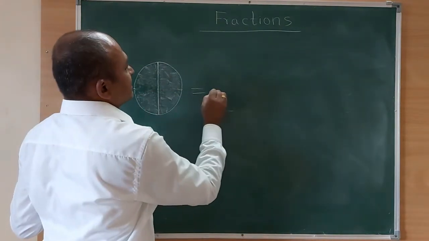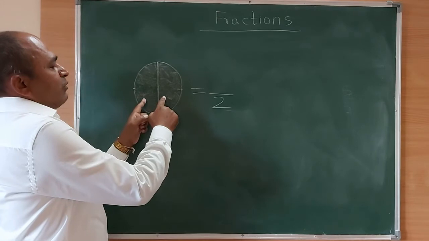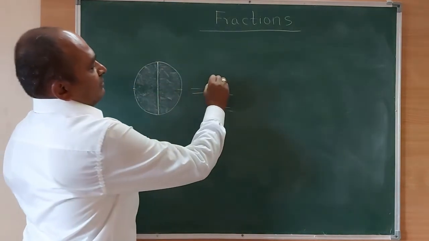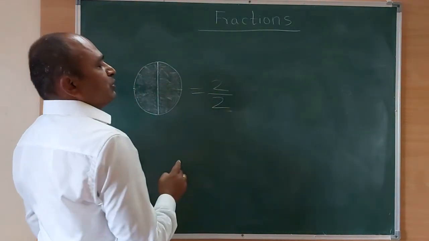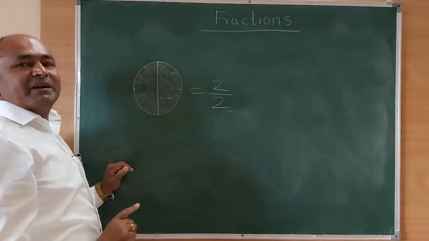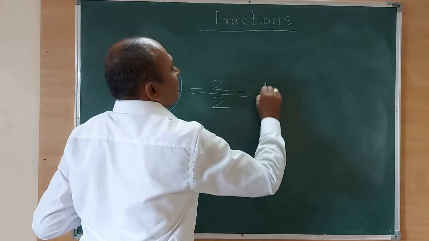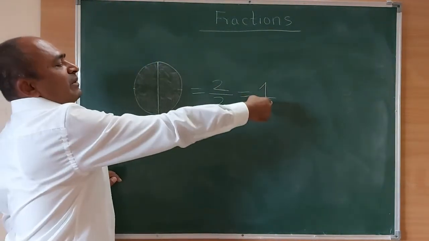So this chapati is divided into 2 equal parts, and out of those 2 parts I am giving 2 to Pawan. Means, am I giving the full chapati to Pawan? Yes. So that means I am giving 1 full chapati to Pawan.